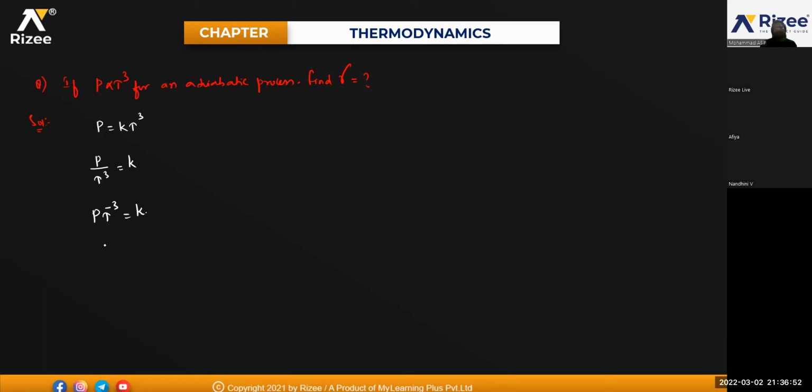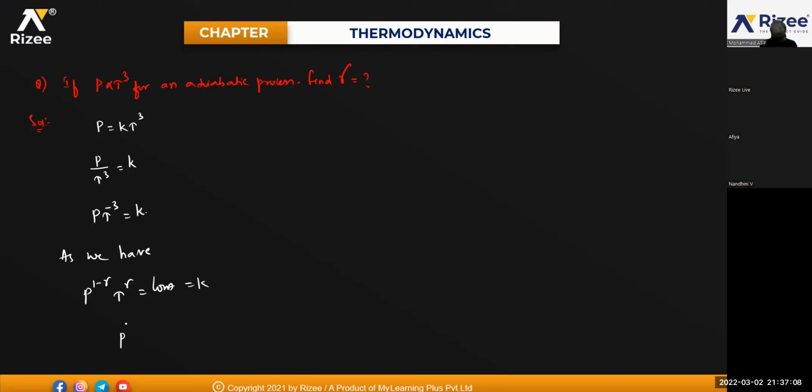Okay. So what is our relation, beta? As we have the P and T relation, P to the power of 1 minus gamma T power gamma is equal to constant. That is nothing but K. So I can transfer the powers.